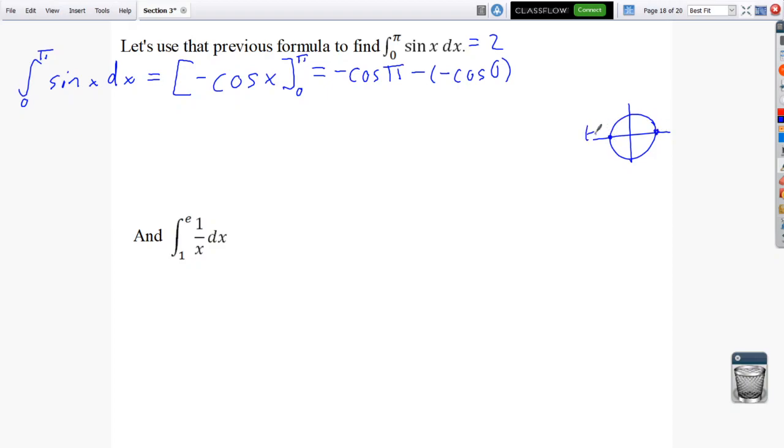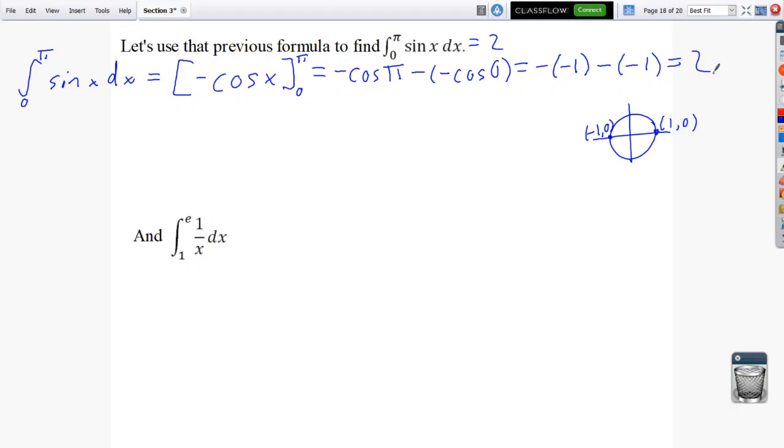At pi, I've got negative 1, 0. At 0, I've got 1, 0. So looking up here, this becomes negative 1 minus negative 1. That's 2. So there's how we're going to calculate it by hand.